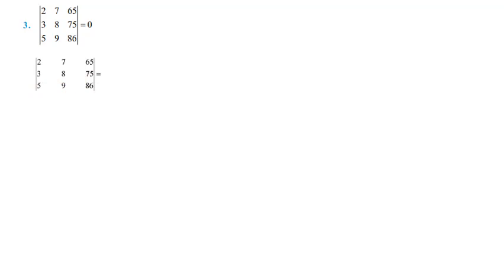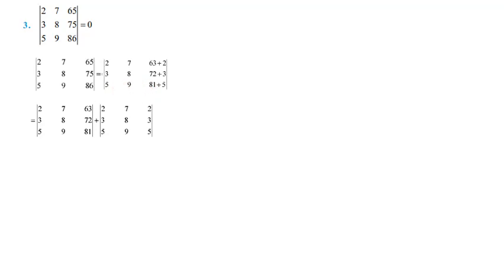First and foremost, I am splitting the third column: 65 I am splitting as 63 plus 2, 75 as 72 plus 3, 86 as 81 plus 5. Now the third column is a sum of two terms, so I can split the entire determinant into two determinants by using the properties of determinants.